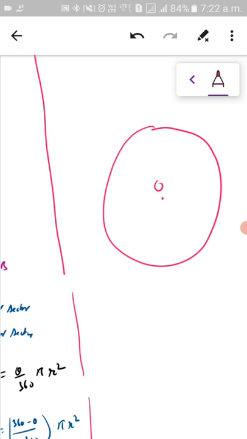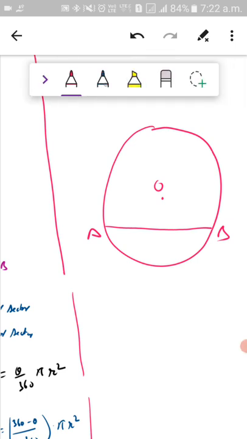The portion or part of the circular region enclosed between a chord and the corresponding arc. Let me say AB is a chord of this circle. So the area enclosed between this chord and this arc is called a segment.